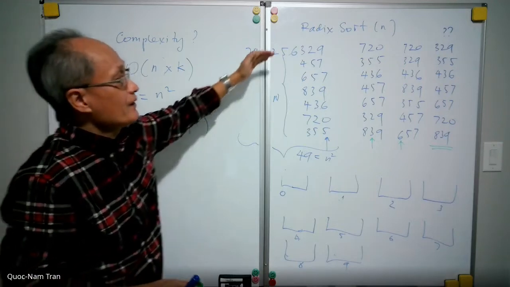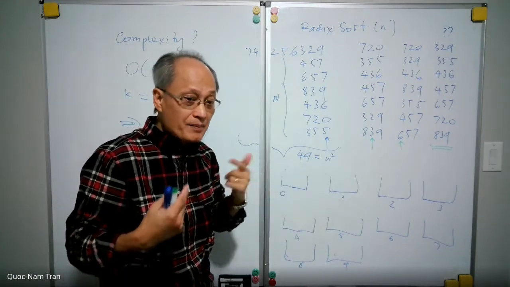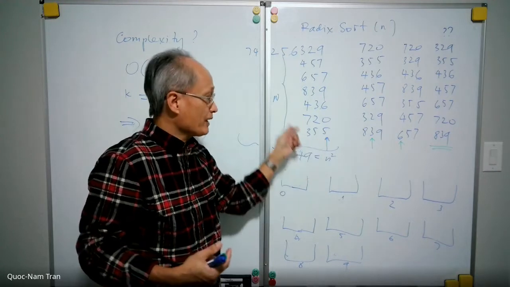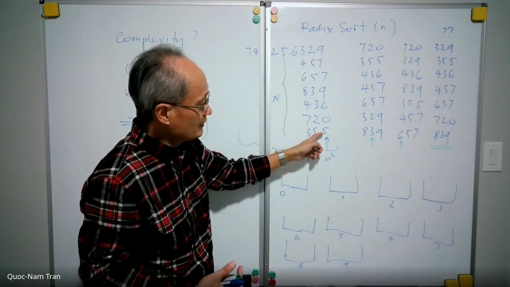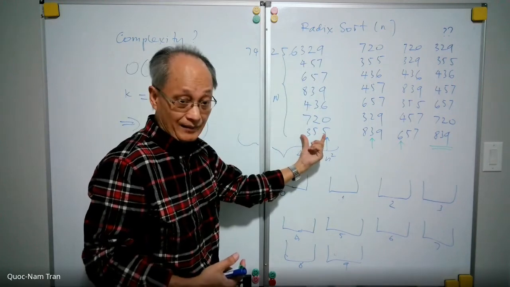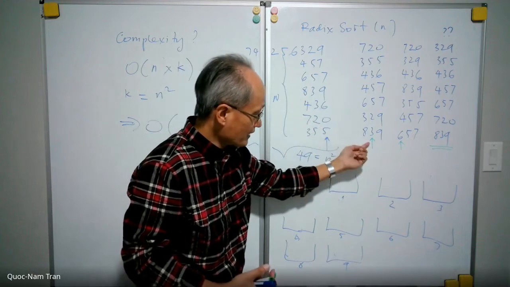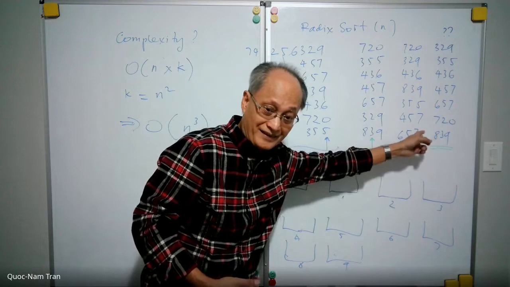So here, when we analyze the complexity, we have in mind that we just have only 3 digits. And then we have to go through each digit 3 times, right? Copy, copy, and then go to the second one, copy, copy, and then the last one, copy, copy, right?